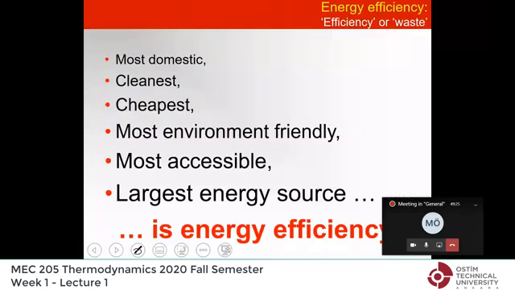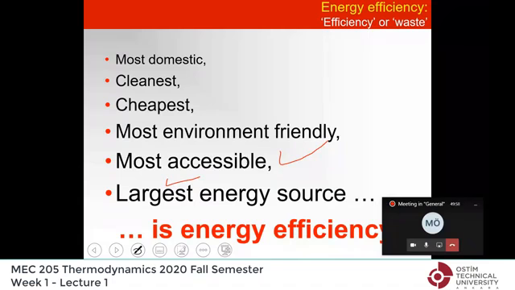And energy efficiency can be described as the most domestic, cleanest, cheapest, most environment friendly, most accessible, and the largest energy source. Why largest? Because let's say our energy use is increasing by 3% every year. We can very easily save 3% of the energy that we are using.